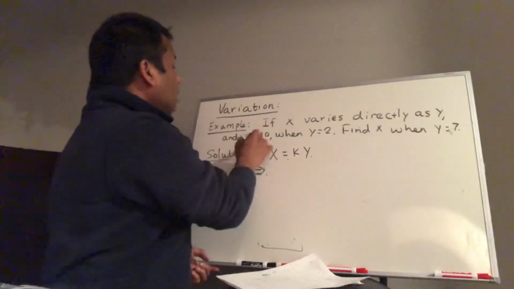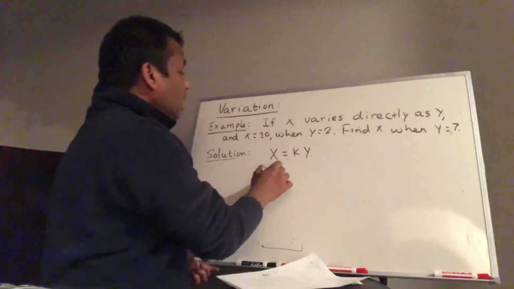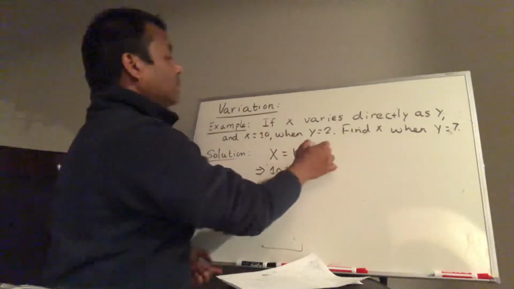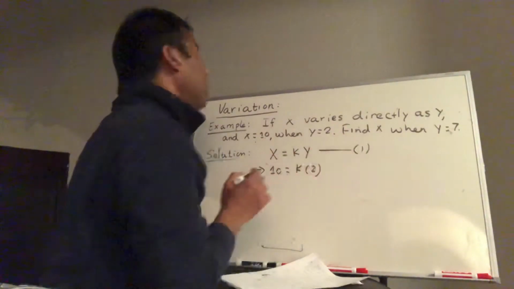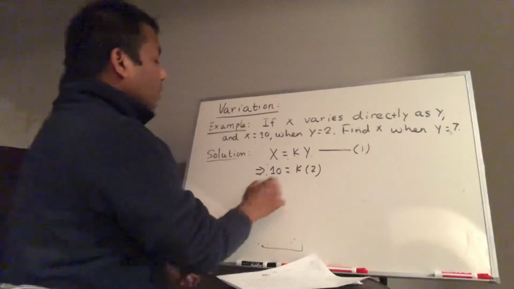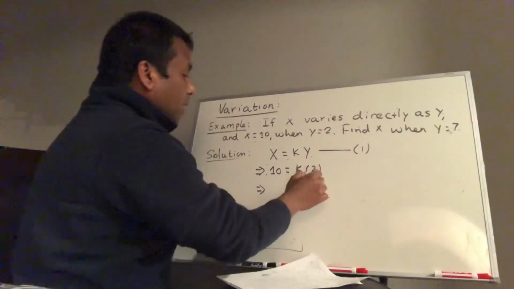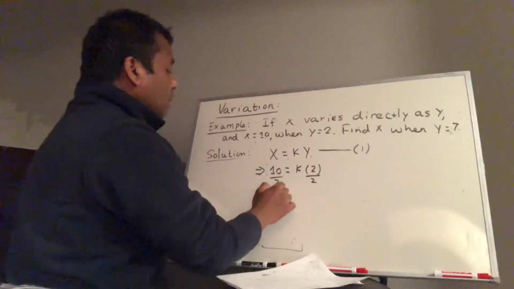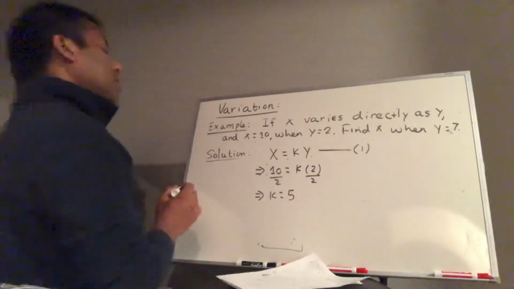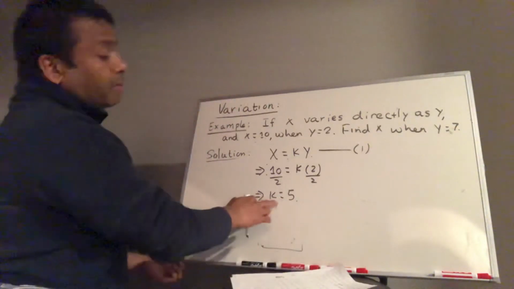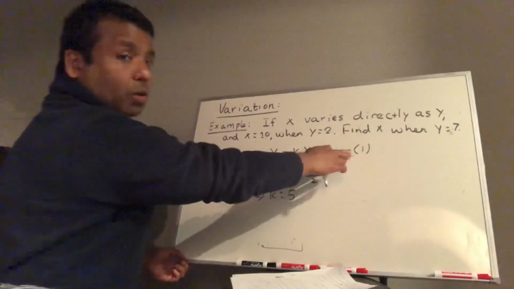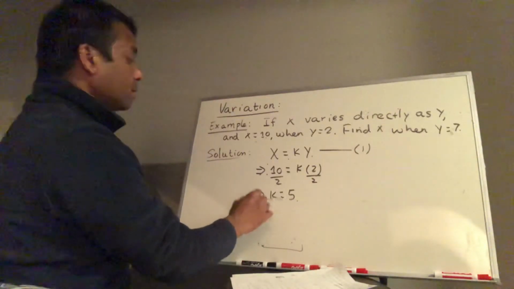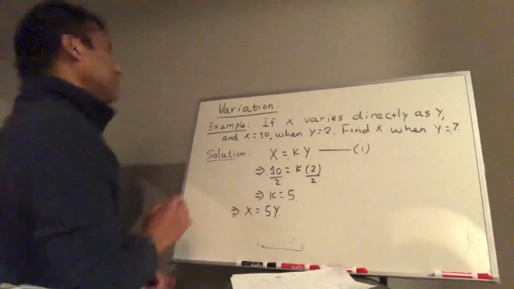So you substitute the value of x equal to 10 here. This equal k times this y is 2. So this is equation 1, okay? So from here, you solve for k, divide both sides by 2, and that will give you k equals 5. Then you return back the value of k in equation 1, you'll have x equals 5y.